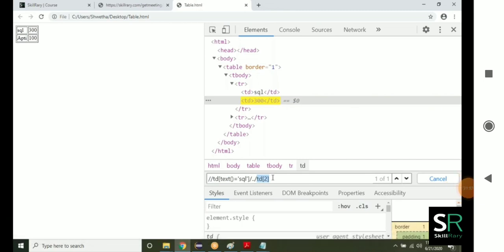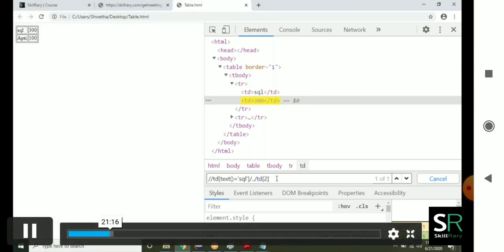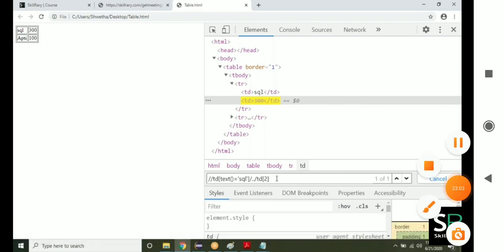Till now we know how to use index, we know how to use the text function, but here we are combining both.